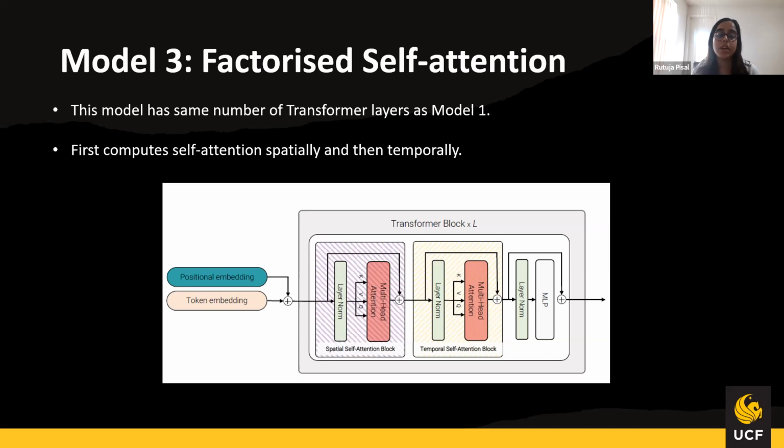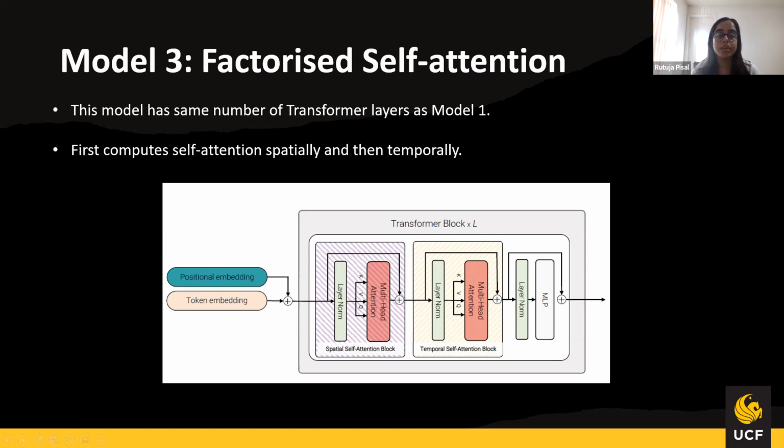So in simple words, what it does is it takes the input tokens and reshapes them as number of frames into spatial dimension. Then it performs this spatial attention, and then it reshapes it appropriately so that it can be input into the temporal self-attention block, which we see in the figure. And then it performs temporal self-attention, the output of which is then passed on to the next transformer block.